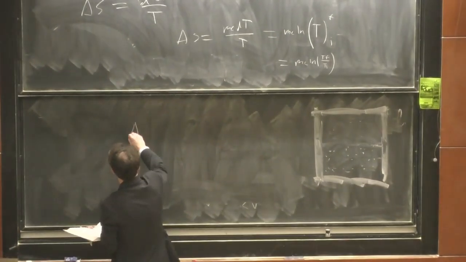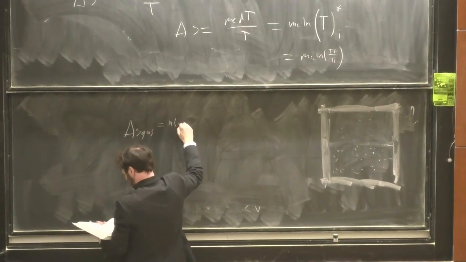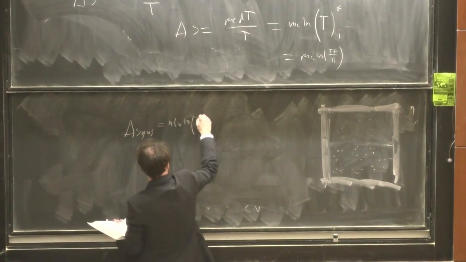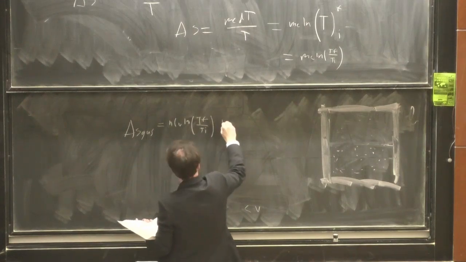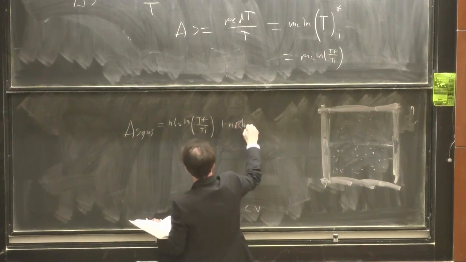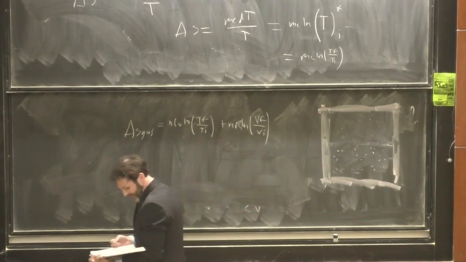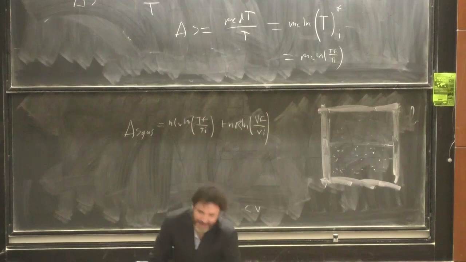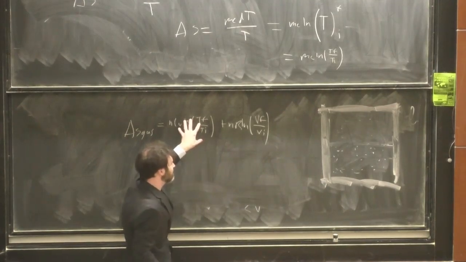So we have delta S gas is equal to N C_V natural log T final over T initial plus N R natural log V final over V initial. It can be done in such a way that the temperature remains constant.